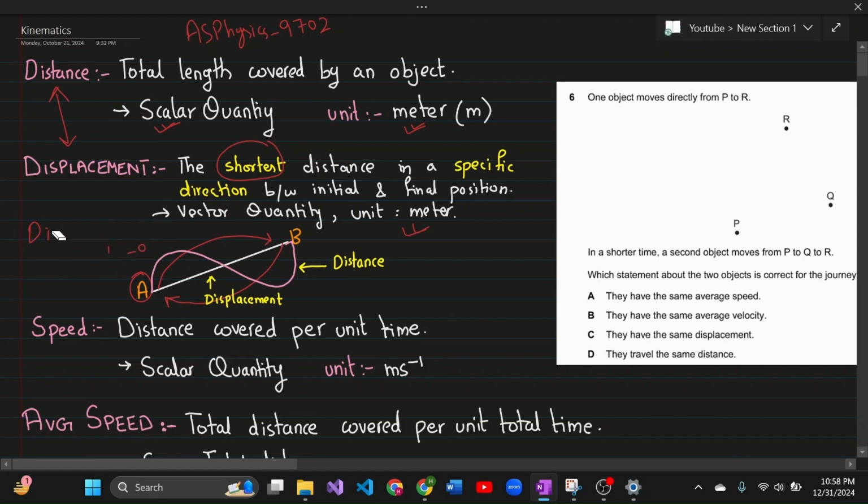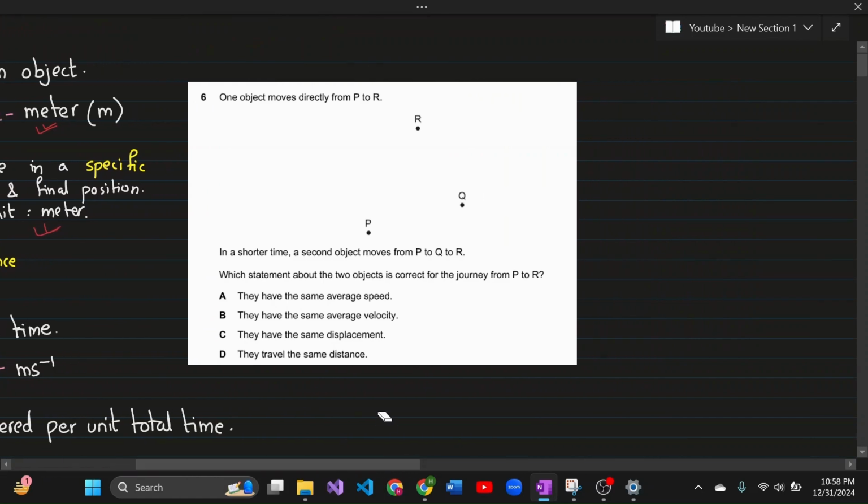So I have an MCQ here. Let's try to solve it. One object moves directly from P to R in a shorter time.